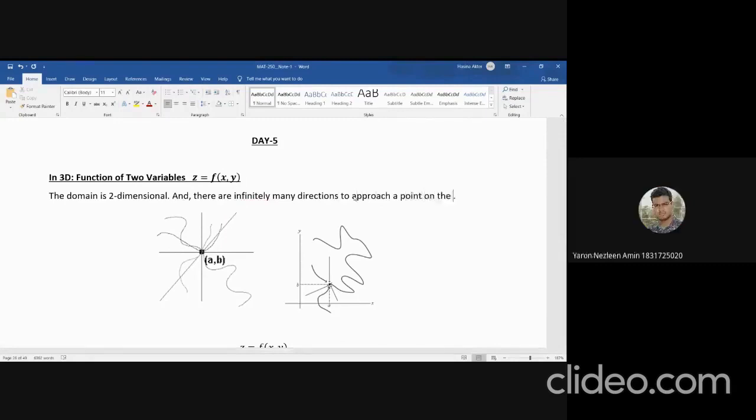Yes, miss. Then we left. And we will say that the limit exists if the limit is the same from each and every direction.